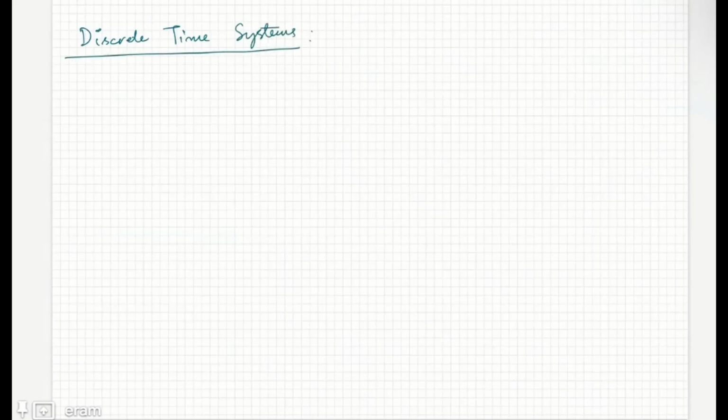Okay, and then we covered the discrete time systems, where we write a discrete time system as x of k plus 1 equals A x of k plus B u of k.